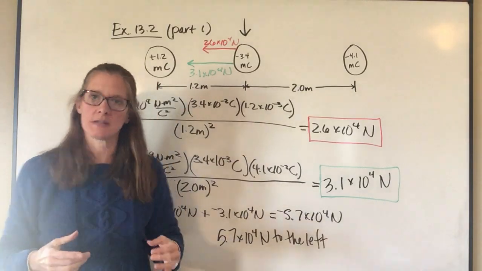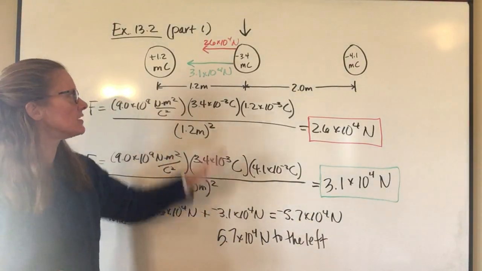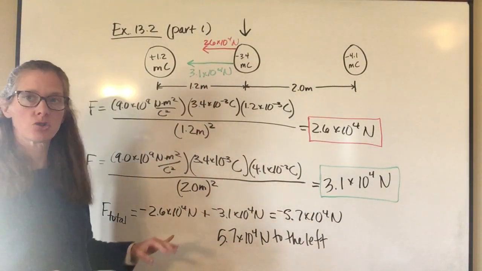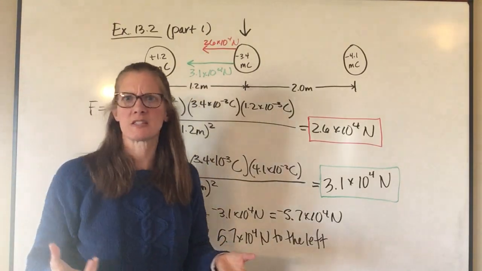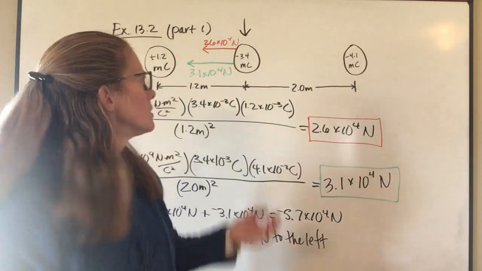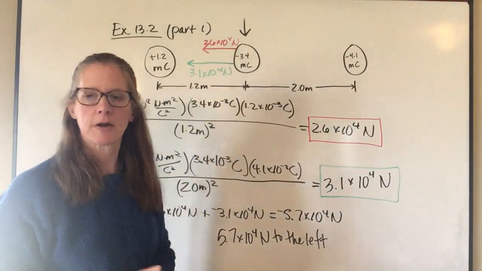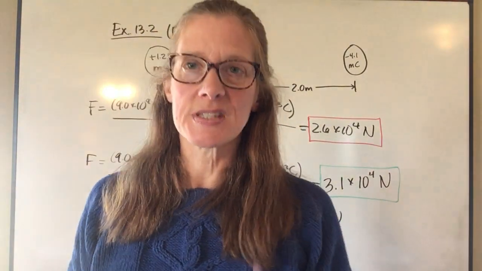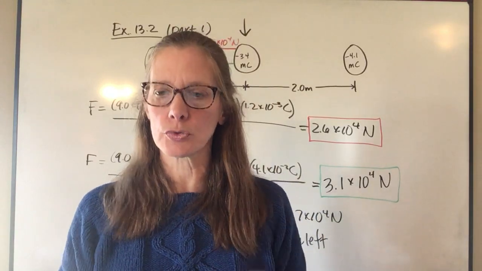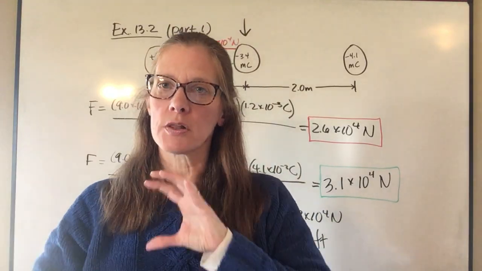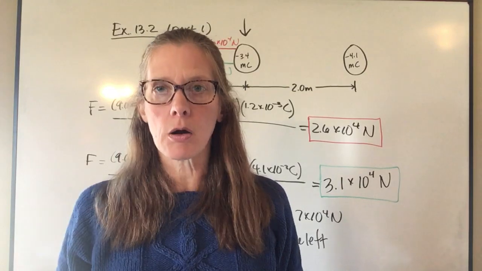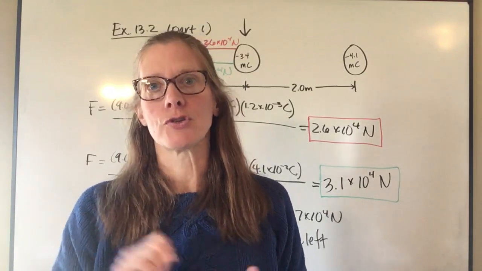So it's not a bad idea to go ahead and get in the habit of putting the signs on here when you're calculating the total force. We'll be doing something similar again for electric field later. So you want to make sure that on your final answer, you're always including the direction in that. Okay, so today's assignment is going to have only charges that are all in a straight line, and then tomorrow we're going to work on charges that aren't in a straight line.